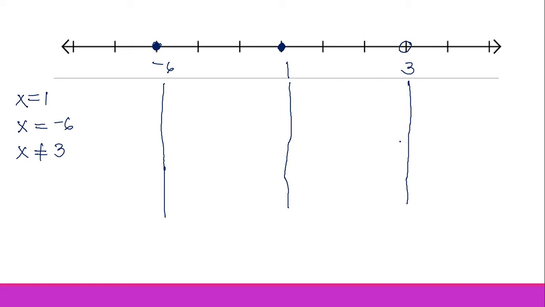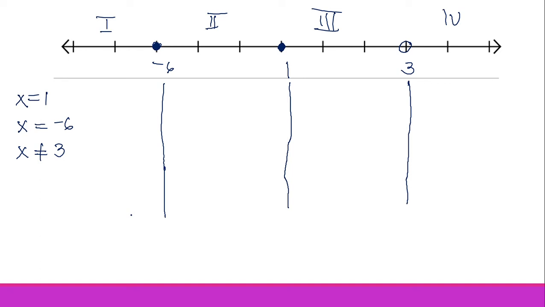So we are now going to test. This is region 1, region 2, region 3, and region 4. You may or may not write the regions, as long as you know which part of your number line is the possible solution of your inequality.